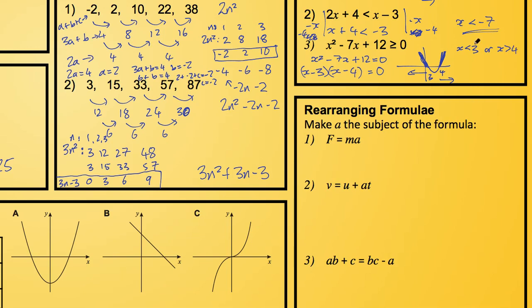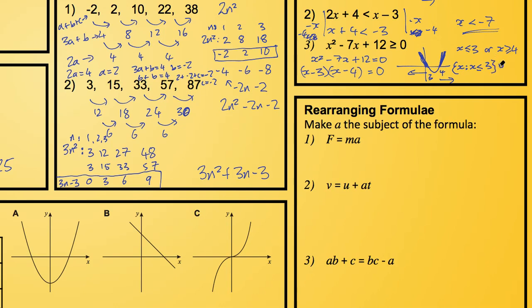And if I were to write that using set notation, which is sometimes what's required, I would give my solutions as x in squiggly brackets, x where x is less than 3. Oh, it's or equal to. I should have put or equal to because the inequality is or equal to in the original.